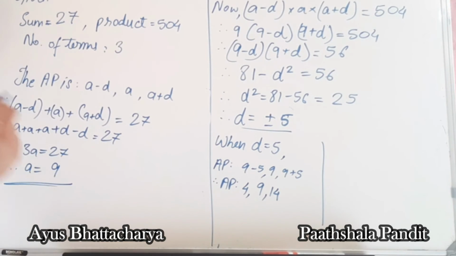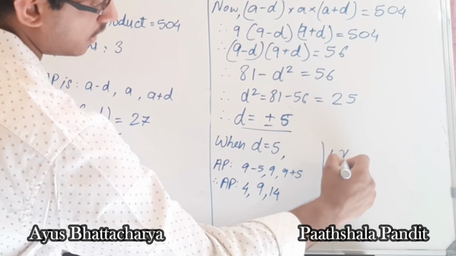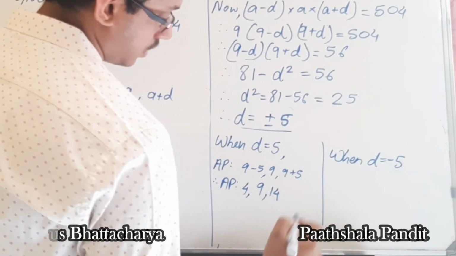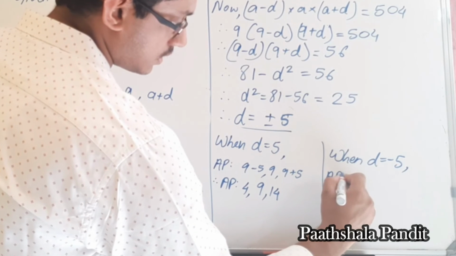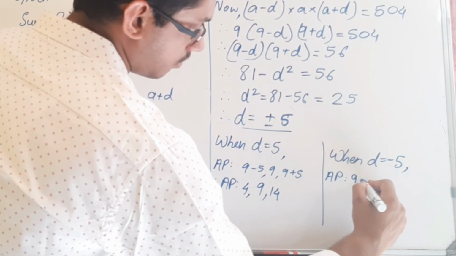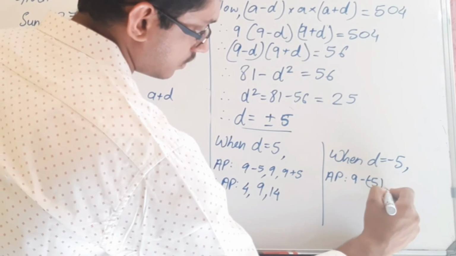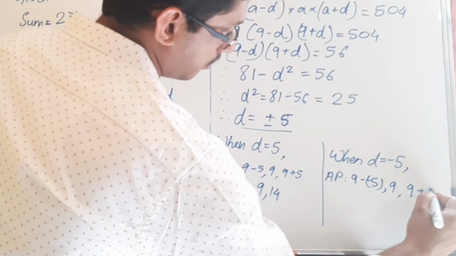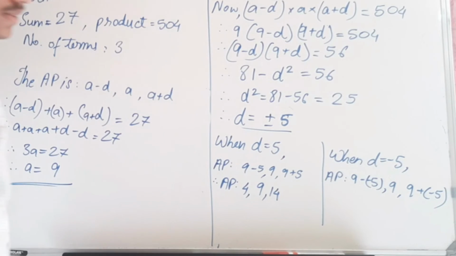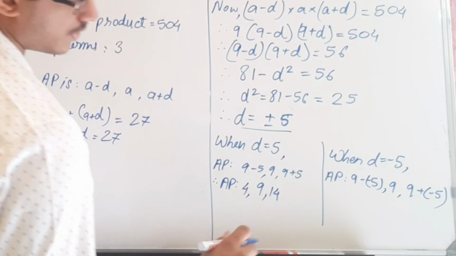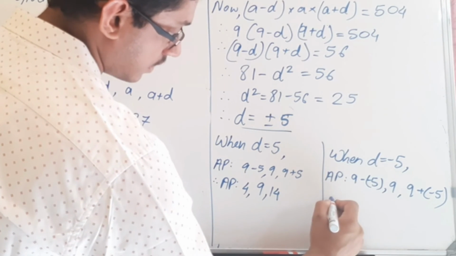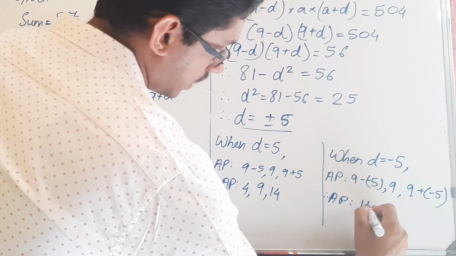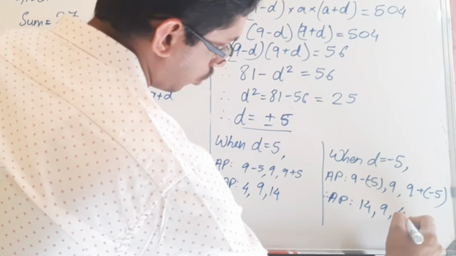What is the other possibility? The other possibility is when d is equal to minus 5. The AP is 9 minus minus 5, 9, and 9 plus minus 5. Isn't it correct? It is correct. Therefore, the AP is 14, 9 and 4.